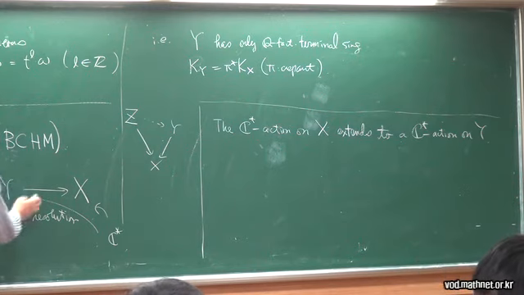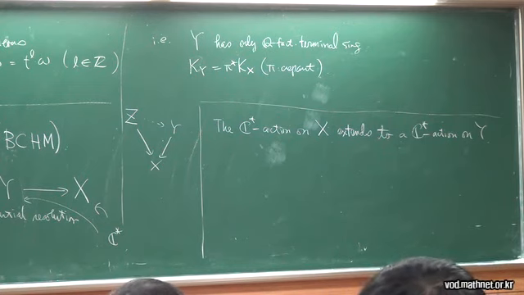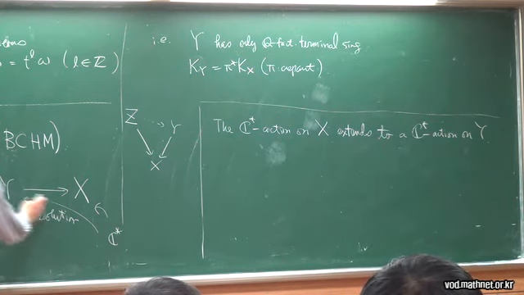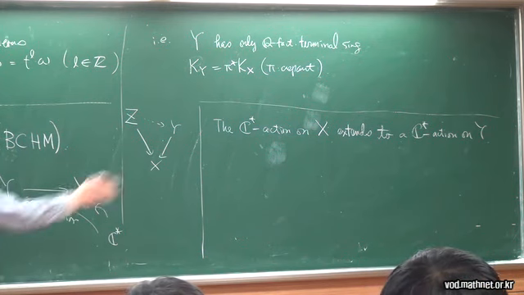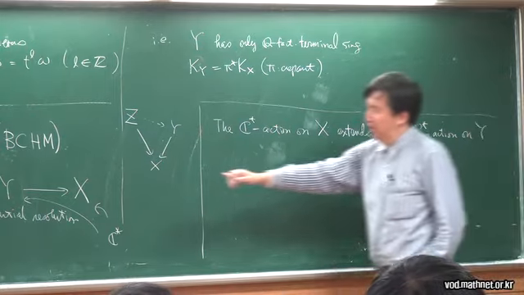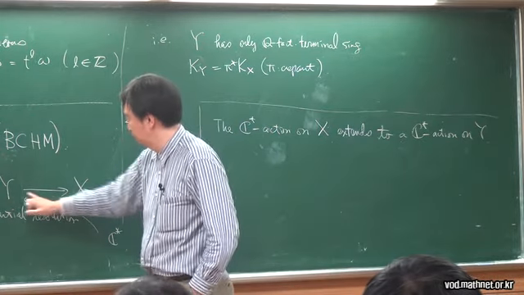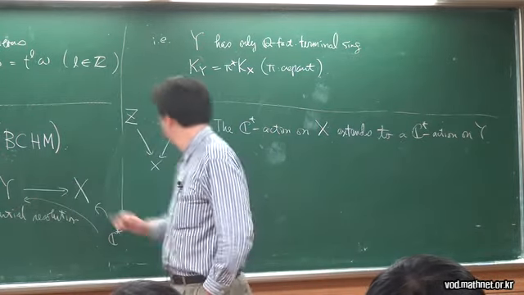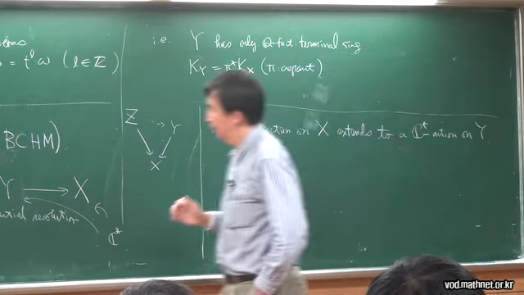It satisfies a very good condition. By using semi-smallness, you can prove that the C-star action extends to a C-star action on Y. I omit this part anyway. So this good partial resolution is C-star equivariant in this way.